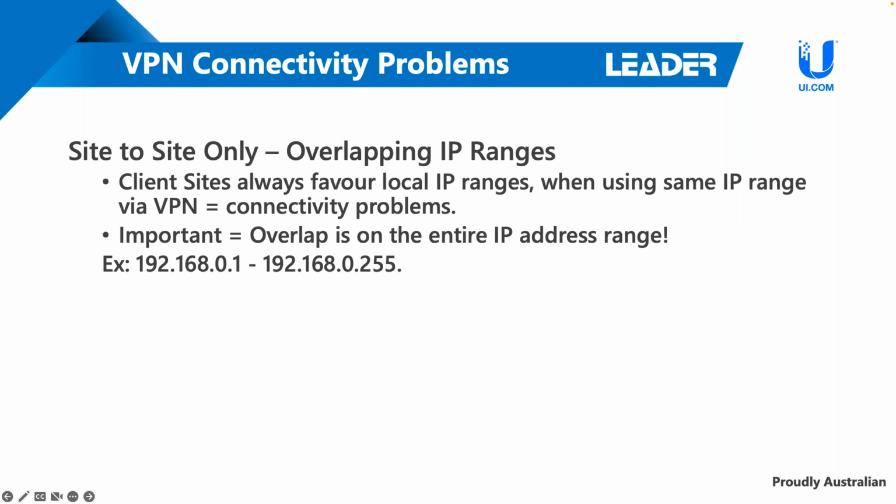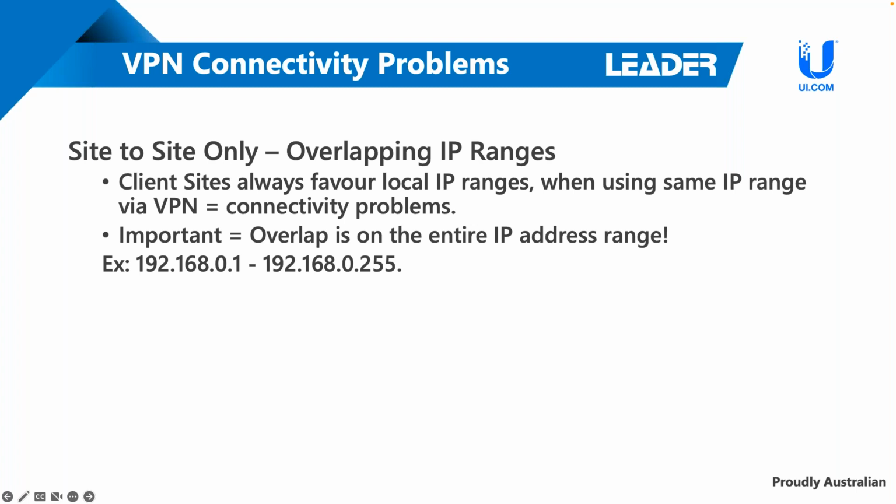And then the last connectivity problem that we see, and this is specific to site deployments, is where you have overlapping IP ranges. So this is if you didn't do your subnet planning correctly. So let's say I had 192.168.1.50 on the one side, or 50.0, let's say, on the one side, and 50.0 on the other side as well.